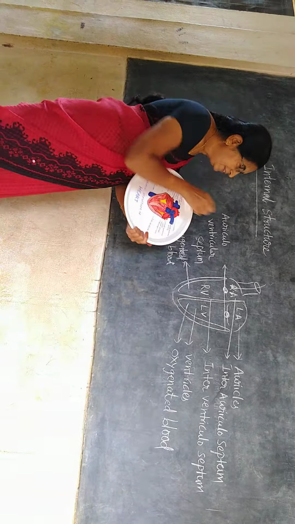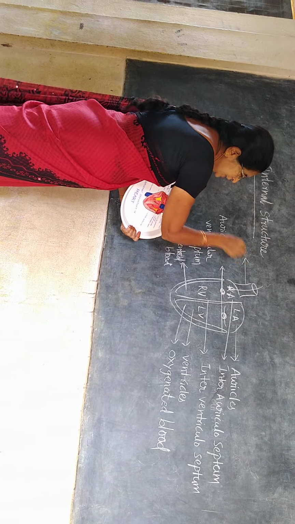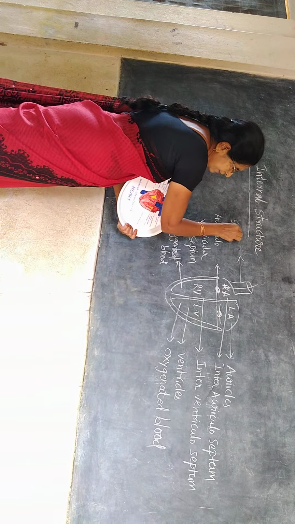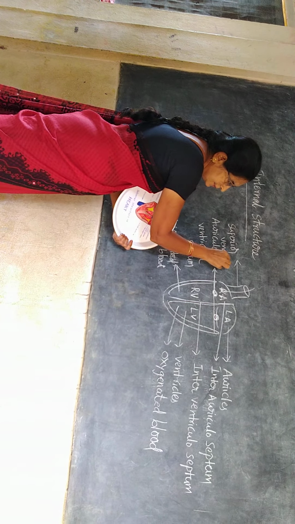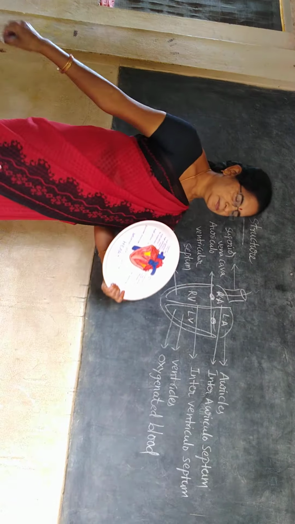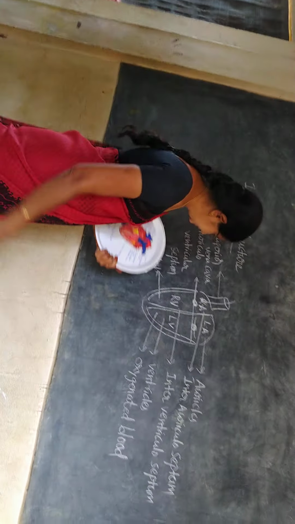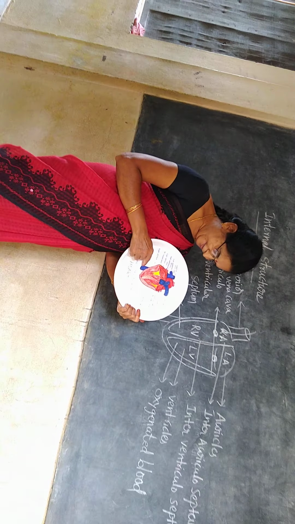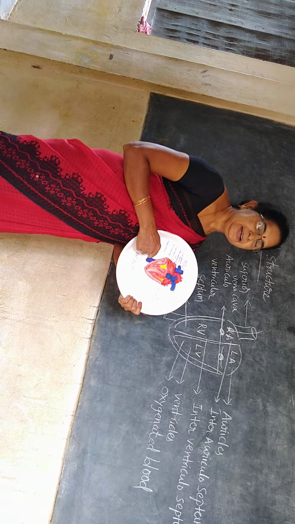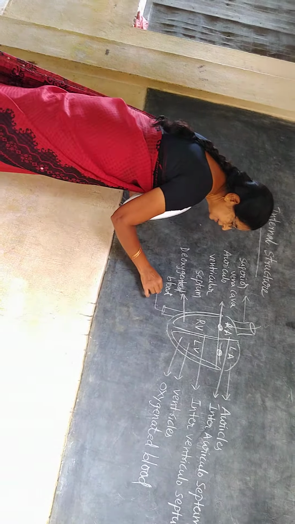So this blood vessel is the superior vena cava. And you observe here a bluish blood vessel, that is the inferior vena cava.